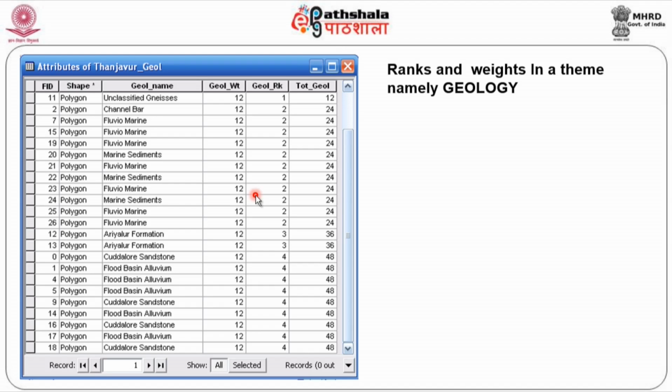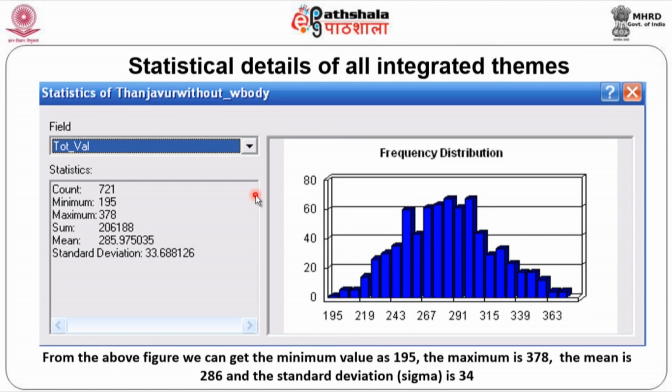So for splitting, you again go for some scientific method, go for statistical details. Once you get the statistical details, you get your count. What is that count? 721 is there. You have the minimum and you have the maximum, and you also have the no-data value, which is not an issue for us, and then the mean and the standard deviation.